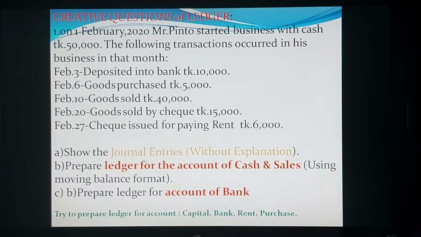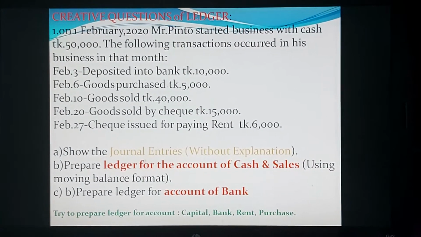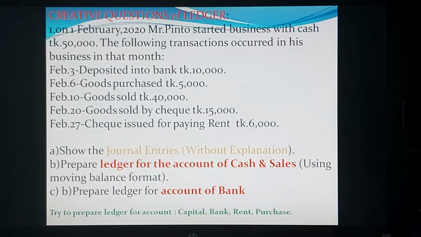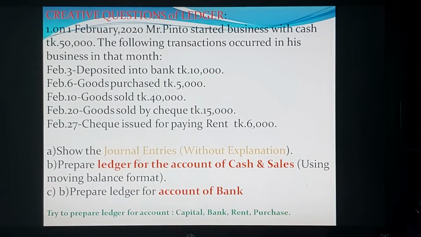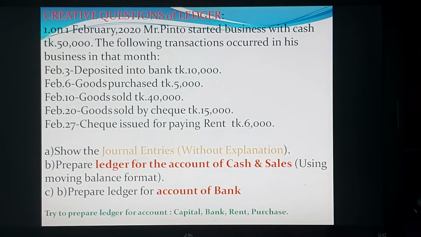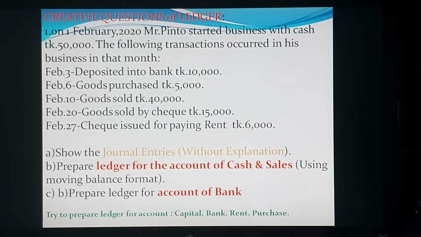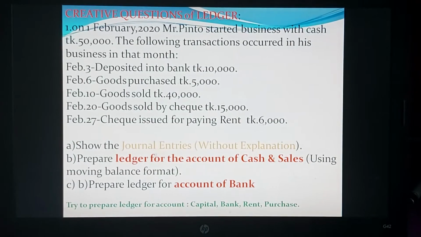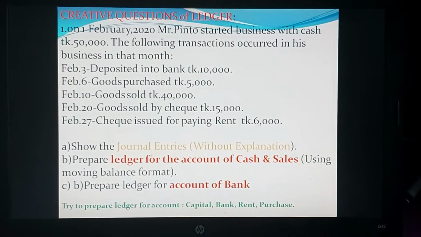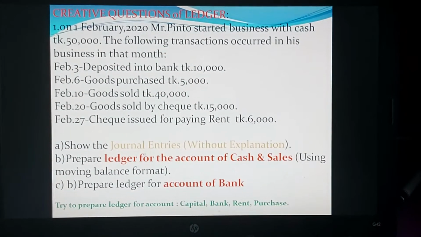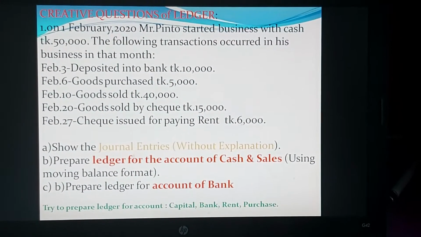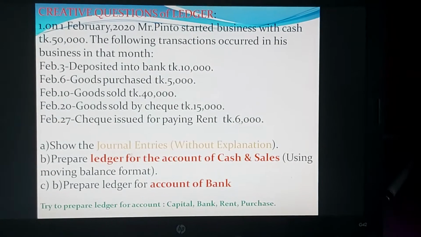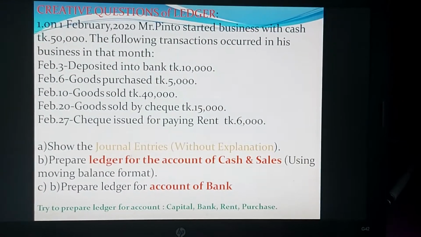Totally 6 transactions are available in this question. At first, you have to show the journal entries. I think you can prepare a journal very easily. All of the transactions are very easy for students of accounting.